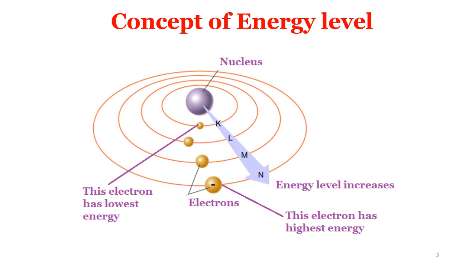This is because the force of attraction decreases as the distance increases. The orbit one electron is closer to the nucleus, so the force of attraction will be more here compared to the other orbits.